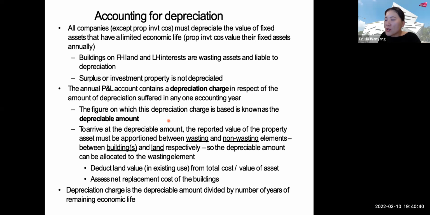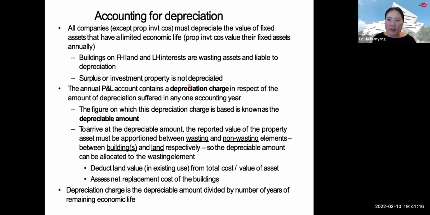In the annual profit and loss account, the P&L account, there will be a depreciation charge. This is something real. If you have some background in accounting, you need to have this item and some estimation of the depreciation charge.